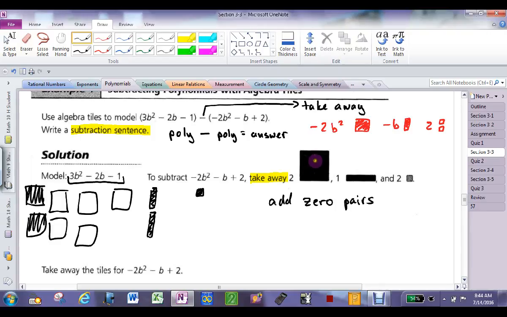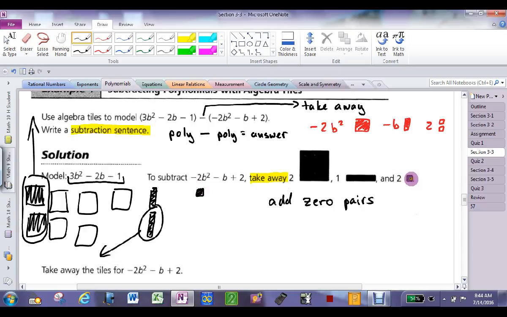can I take away two big shaded ones? Yes. I'm going to go ahead, I'm going to circle them, and I'm going to take them away. Everyone agree? All right. Now, can I take away one shaded bar? That's there, so I can take it away.